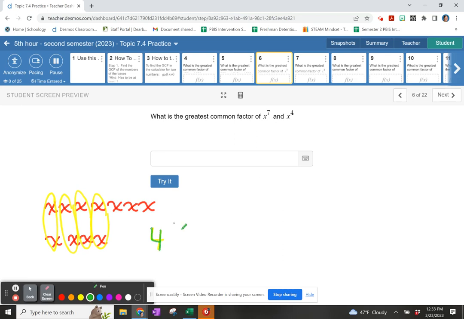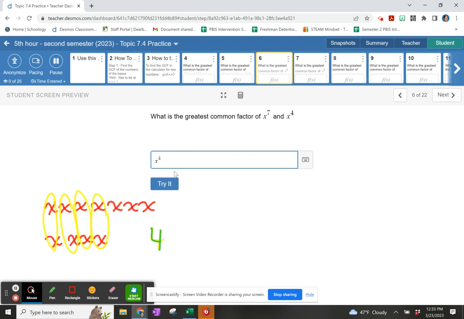Now, if you write 4 into Desmos, 4 is not going to work. What you want to do is write x to the 4th power, because x times x times x times x is really written as x to the 4th.